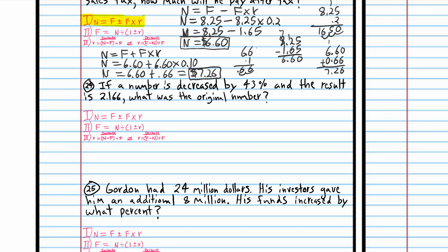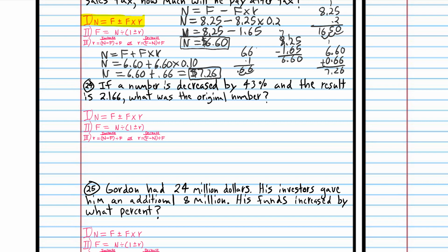All right, 24. If a number is decreased by 43% and the result is 2.166, what was the original number? So you can see this is different. This is a percent change problem because a number is decreased by a certain percent. But it's not telling us what the number was. It's telling us what the result is after the decrease.